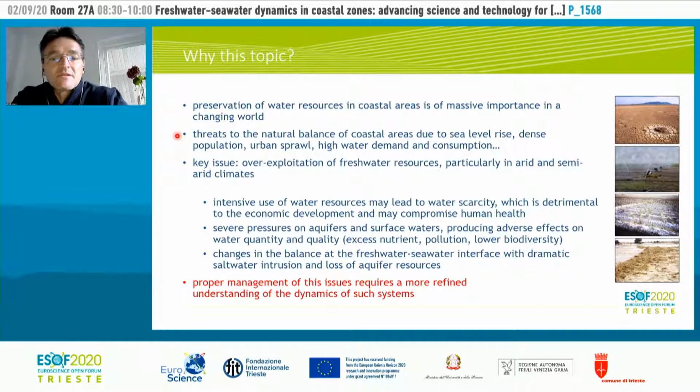We see severe pressures on the aquifers and the surface waters rising. We have adverse effects on water quantity, but also water quality. So we find great evidence for excess nutrients and increasing pollution, having also effects on aquatic ecology and biodiversity. And as Giorgio mentioned, in times where we see freshwater aquifers sinking in altitude while at the same time the sea level is rising, there must be a tremendous effect on the freshwater-seawater interface.